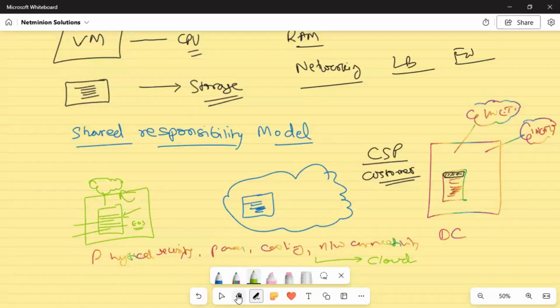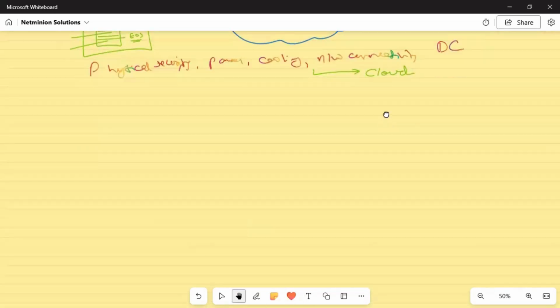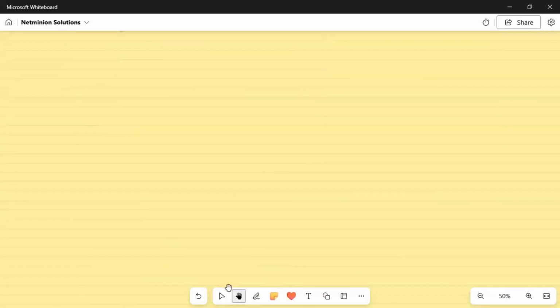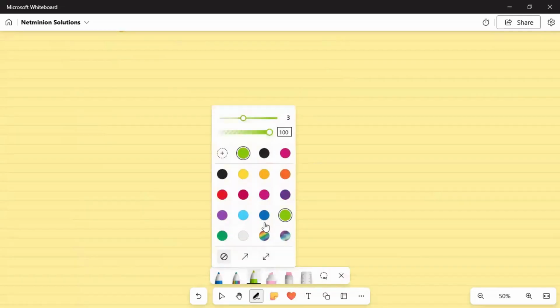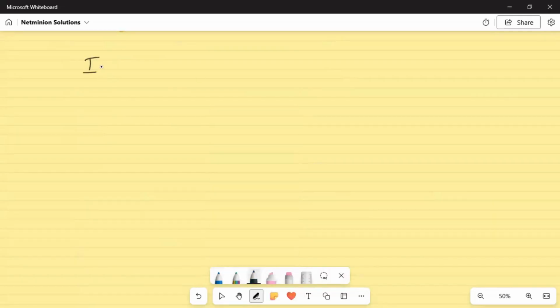And if you remember, I was taking the names of some terms, which were IaaS, PaaS, and SaaS. Now, this shared responsibility model is again divided into these three, which we will be covering later on.